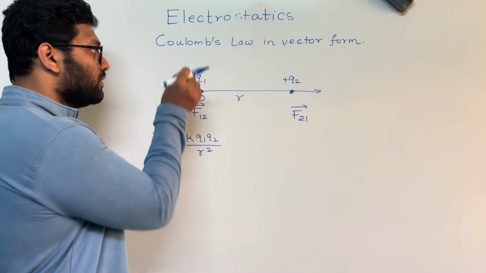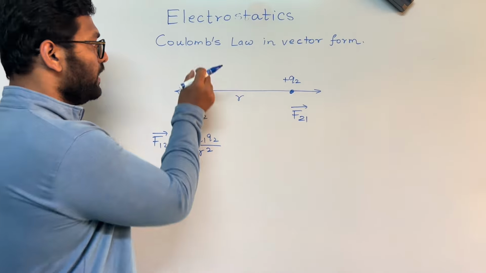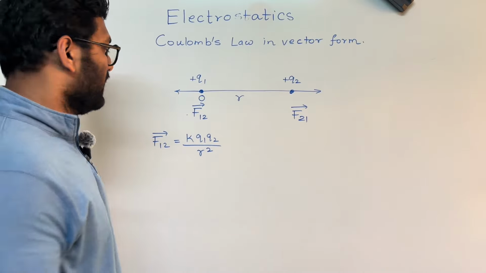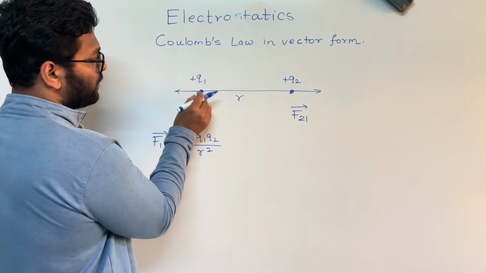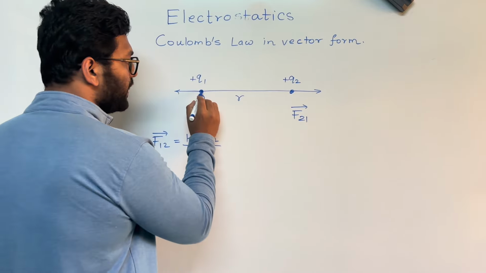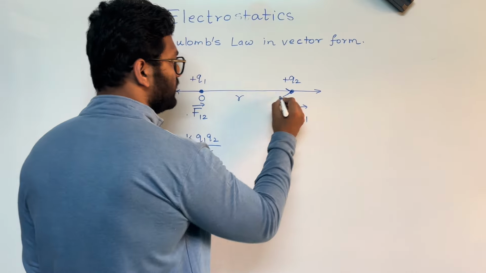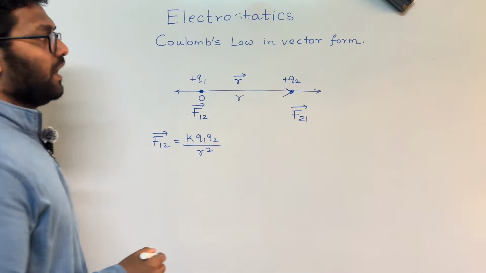I'm sitting on the charge Q1 and observing Q2. The vector from O to this particular charge is written as R bar.